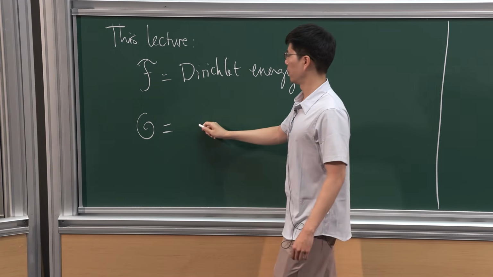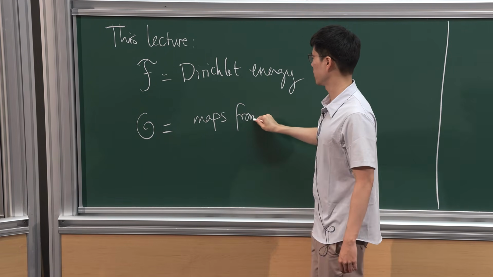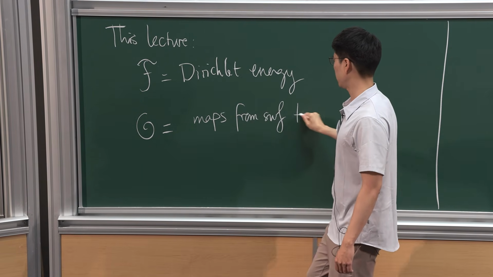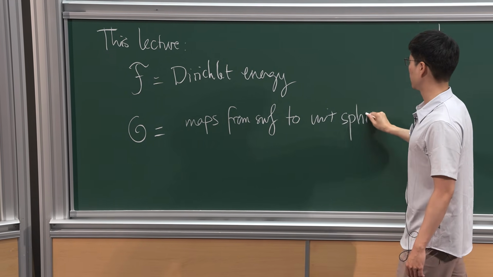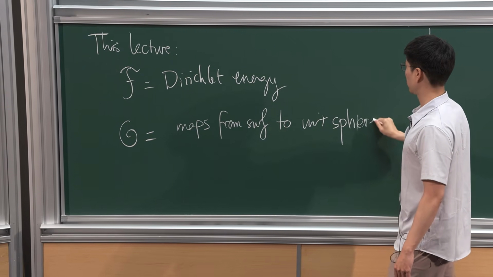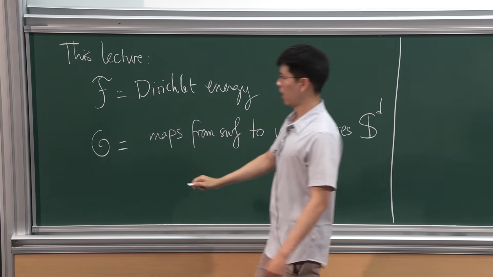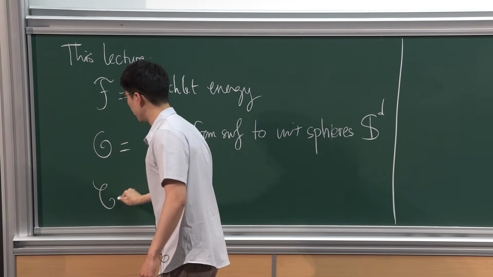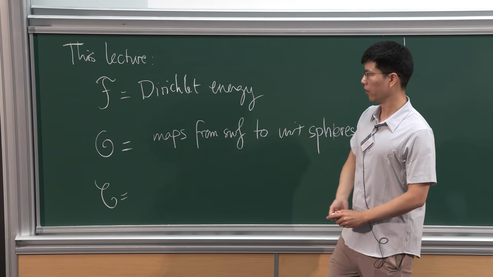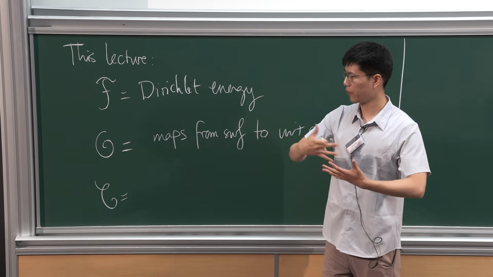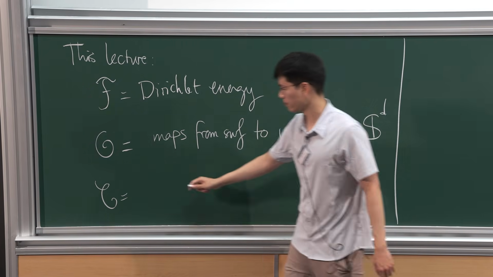The set of objects are going to be smooth maps from surfaces to Euclidean spheres. And the constraints are going to be given by an equivalence constraint. You will only consider maps that are equivalent under a group action by a surface group.